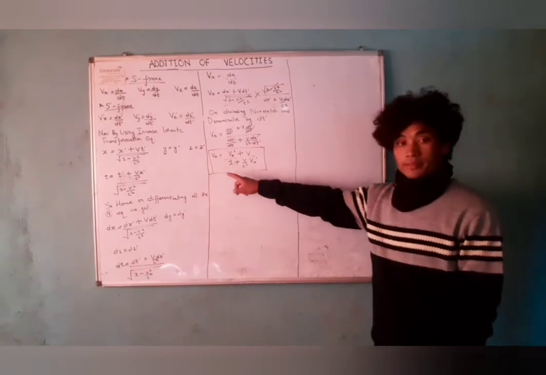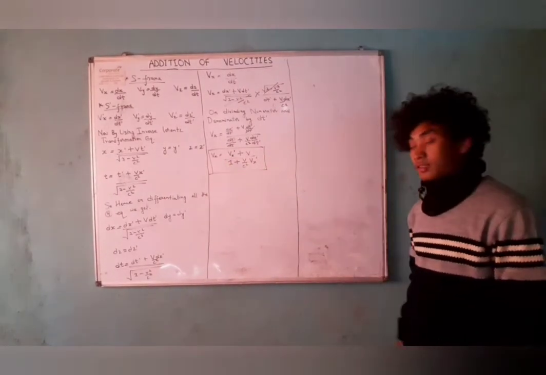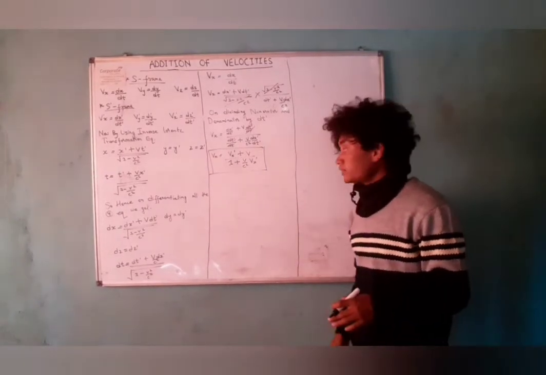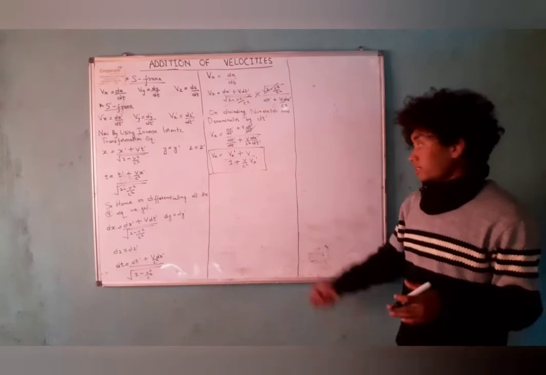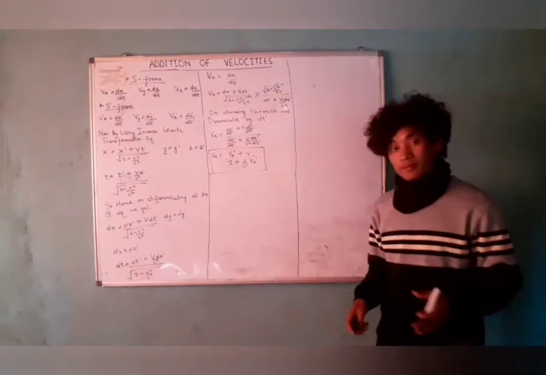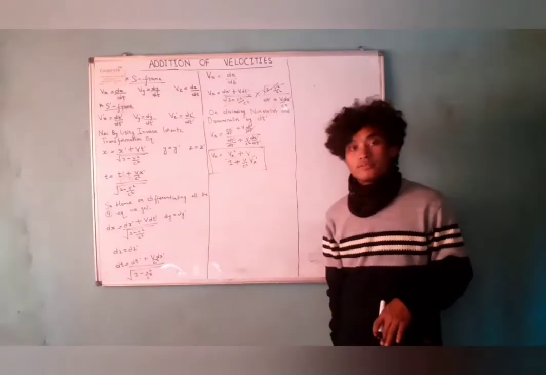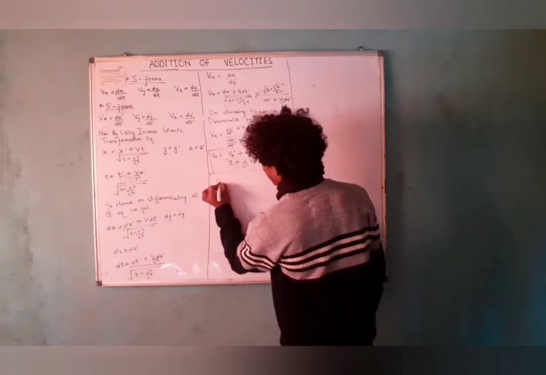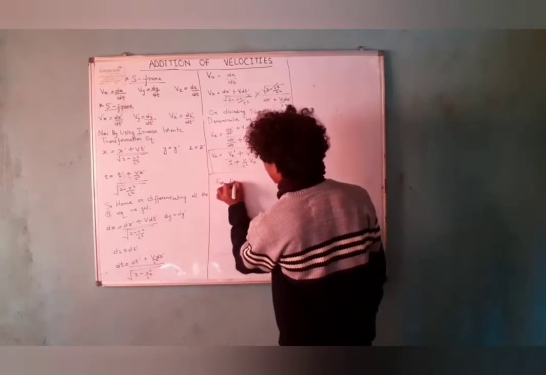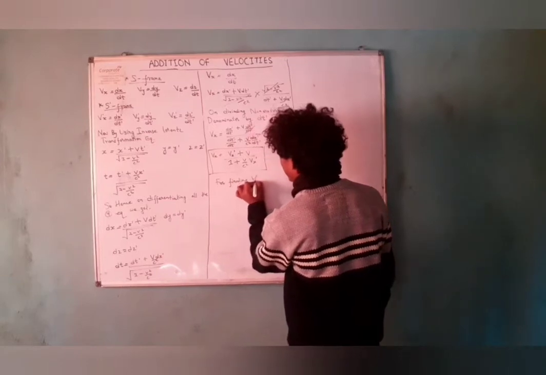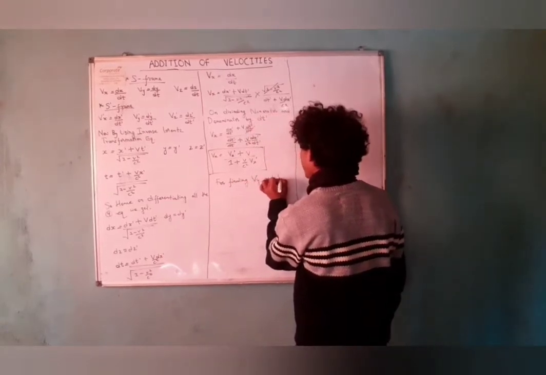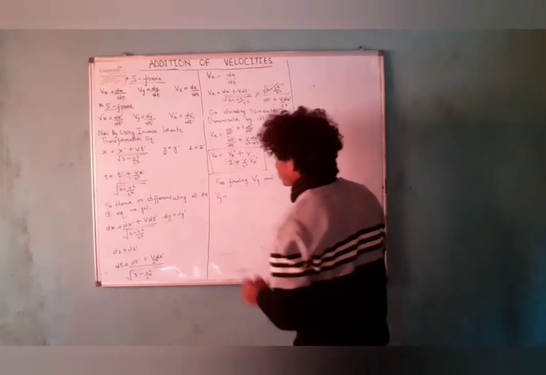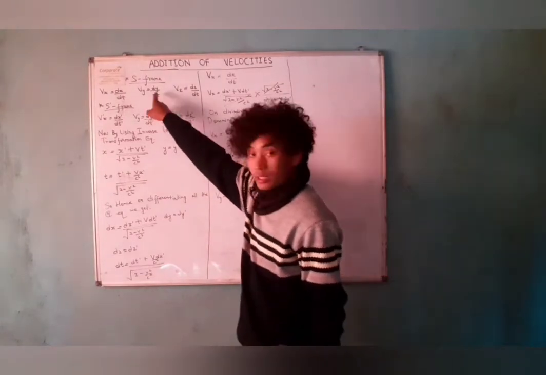And here we get the value of vx. This is how to add the velocity in x direction. Now similarly we have to find vy and vz. For finding vy and vz, vy equals to dy by dt.